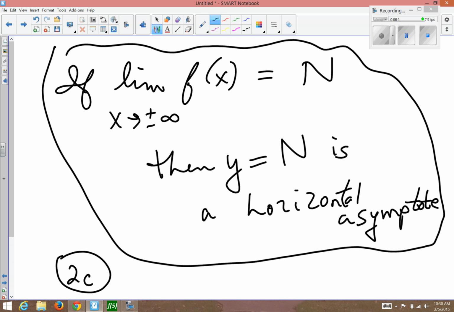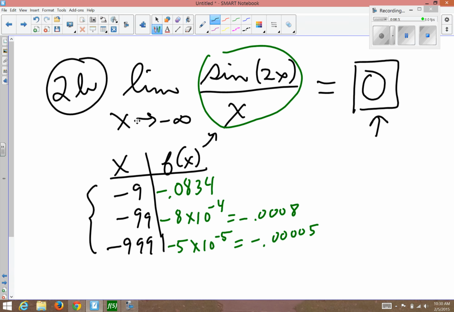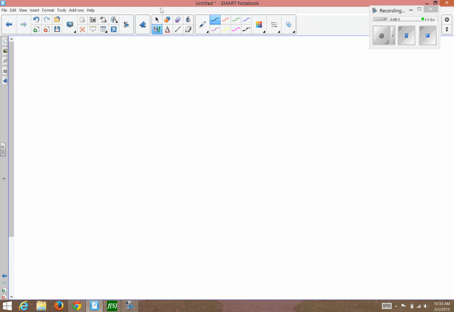And that gives us the answer to part C. The question says, identify all horizontal asymptotes. It's y equals 0. So there, we did the whole problem. We definitely needed a calculator to get the values in this table. I'm going to try to show you a graph.